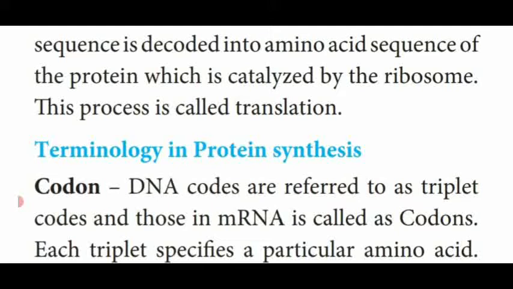The mRNA nucleotide sequence is converted into the amino acid sequence of protein, which is catalyzed by the enzyme known as ribosome. This process is called translation. Kindly mark it in your textbook. What is translation is the important 2-mark question.